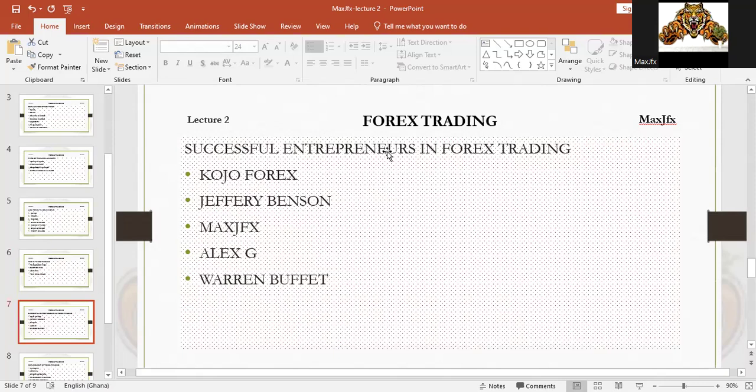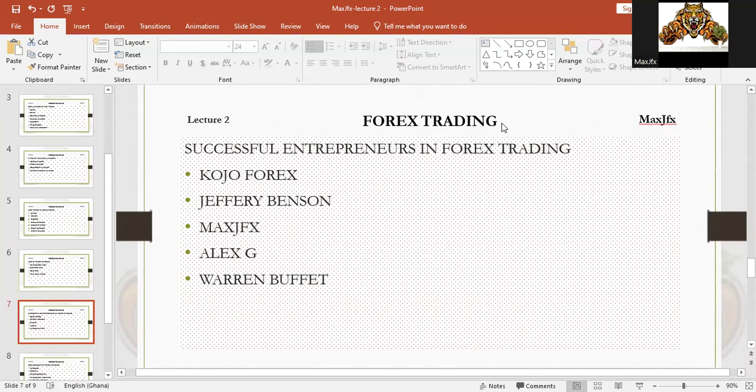All right. So successful entrepreneurs in forex trading. There are many successful entrepreneurs out there. Some are legends, and I give great respect to these guys. These are just some of them. Some of them I know online, and some of them I follow.